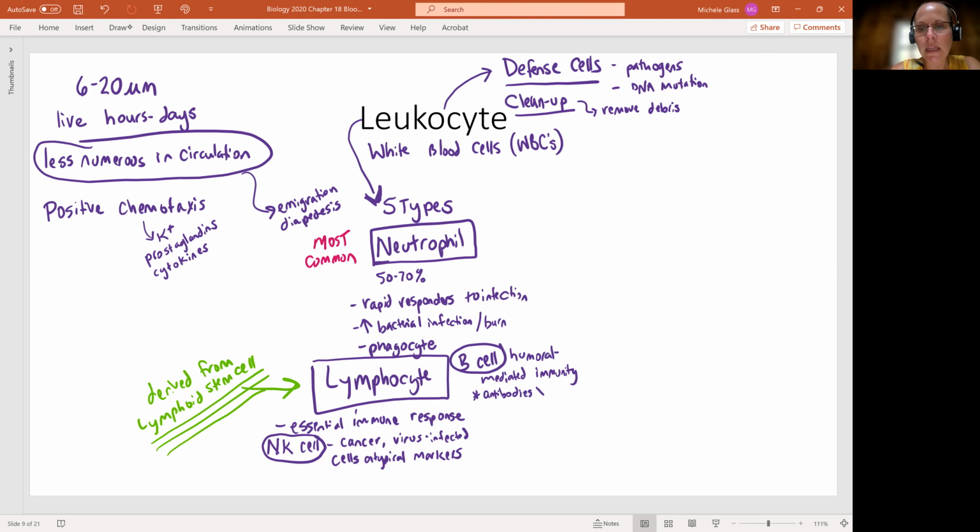Now we'll see that the antibody is not being produced directly from the B cell, but B cells are involved, and we'll get into more details as we get into the lymphatic system. So the B cell, the humoral mediated is described. Humoral is talking about the body fluids. So the antibody is released into the body fluids.